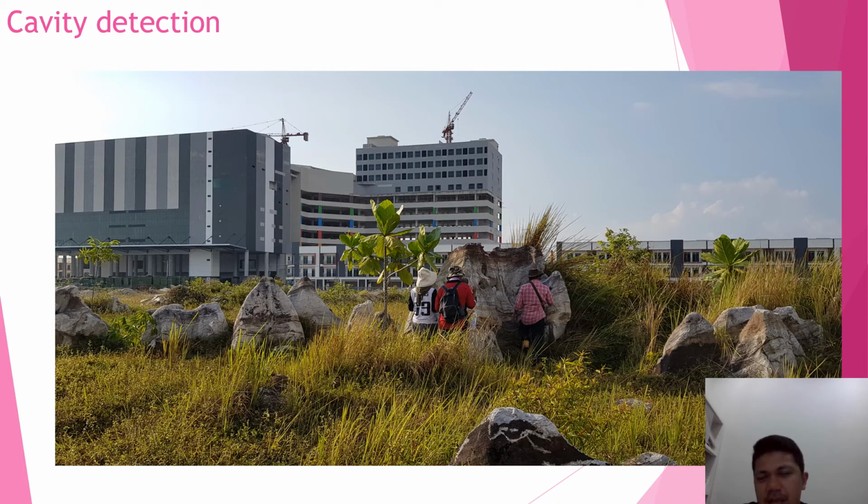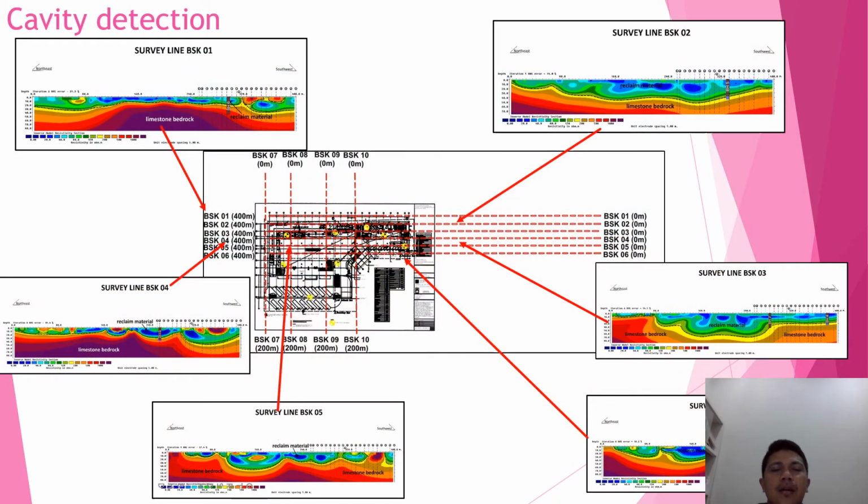If you can imagine this site with this kind of profile of hard layer, rock profile with this kind of pinnacle, we hope the resistivity method can help us to map the profile. Okay, this is beneath the Bandar Baru bus station.